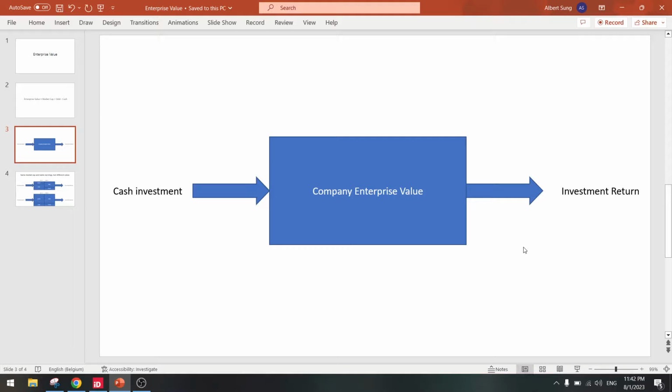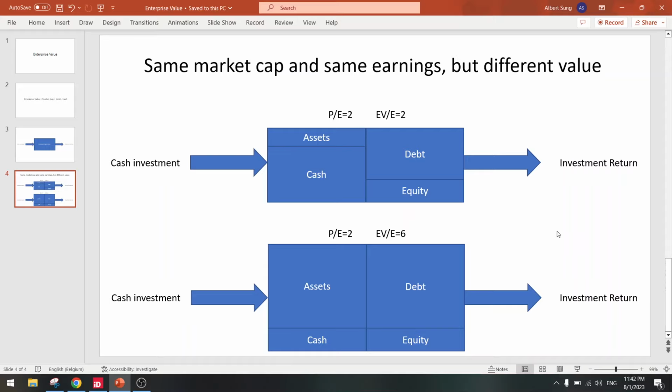Right? Now, let's say we have two companies, we have two gold mines, and they have the same market cap and they have the same earnings. So which one would I buy? Because if you just look at the PE ratio, it would be the same, right? Same market cap, same earnings.